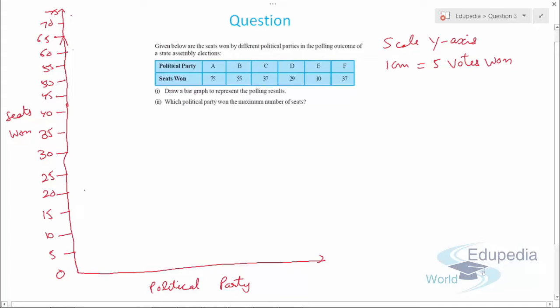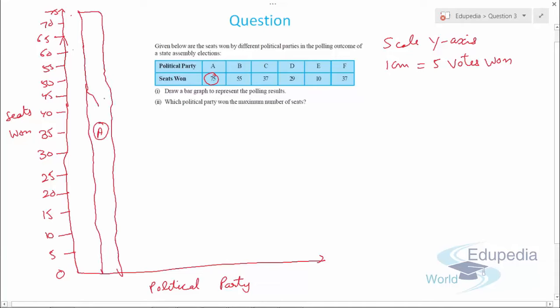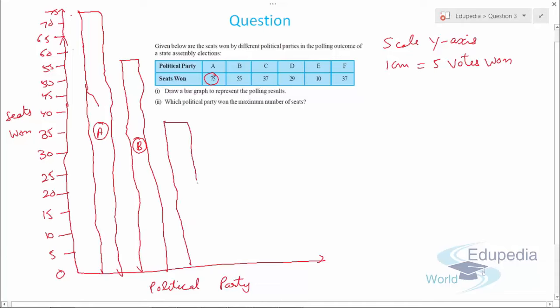Now for the first party it's 75, so this means the bar will come from here, right? And this will be the bar for party A. Then for B, which is 55, this will be the bar, right? So this can be the B part. Then we have C, which is 37, so this will come over here, which is C again, right?